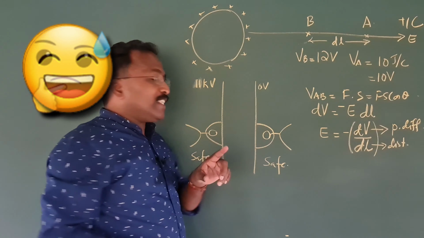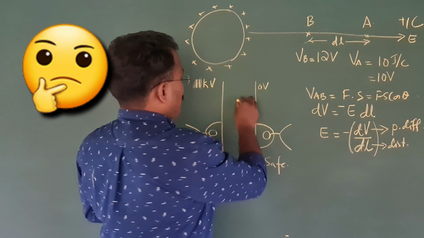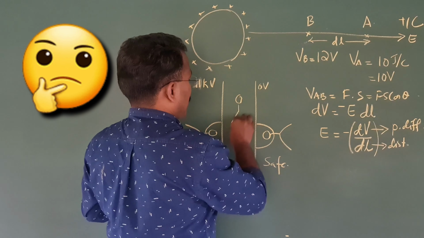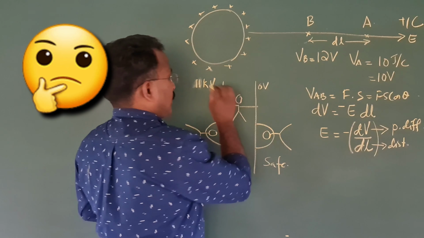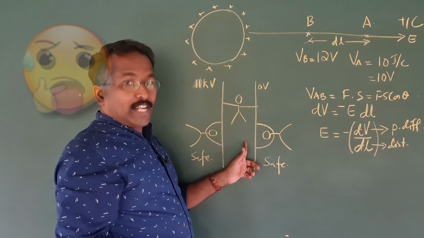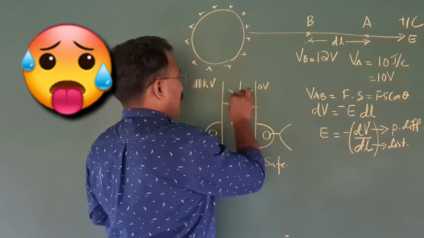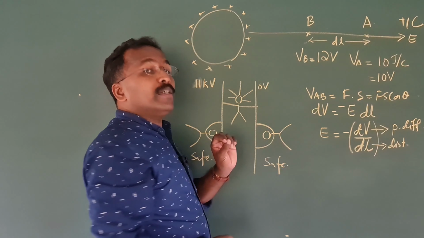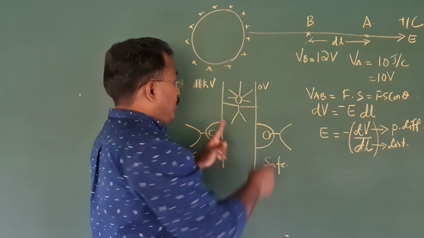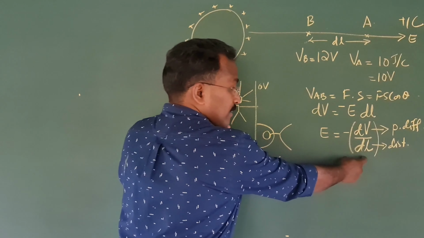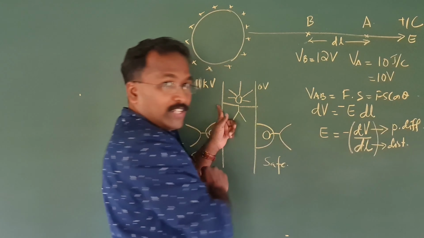And what happens if you touch both the lines? If this is the way you are falling, you will be burned. Why? Because there is a potential difference. There will be electric field.